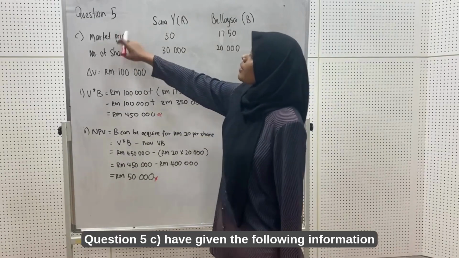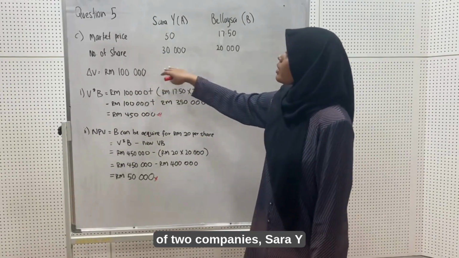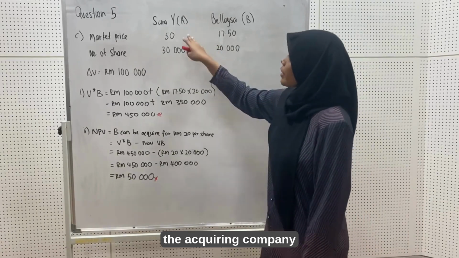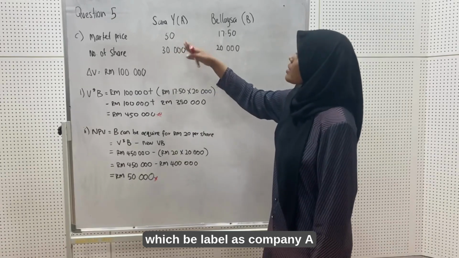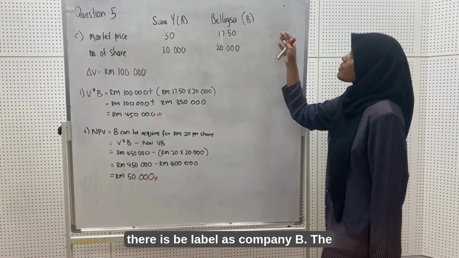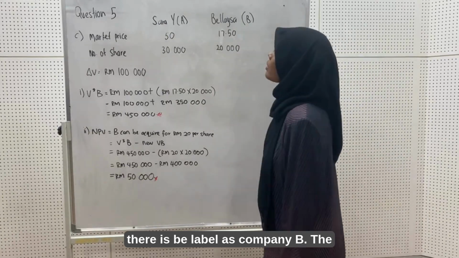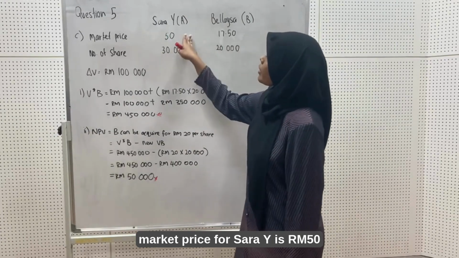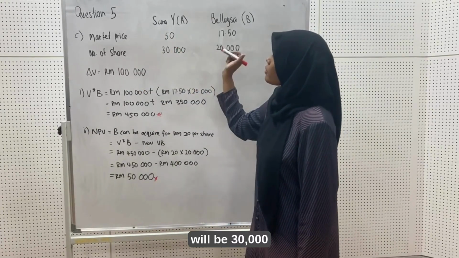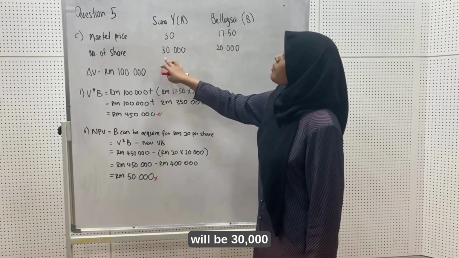Question 5c has given the following information of two companies: Sarawak, the acquiring company, which we label as company A, and Belisa, the target company, which we label as company B. The market price for Sarawak is 50, and the number of shares is 30,000.